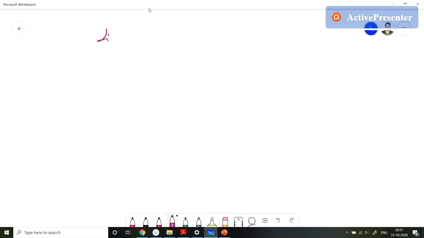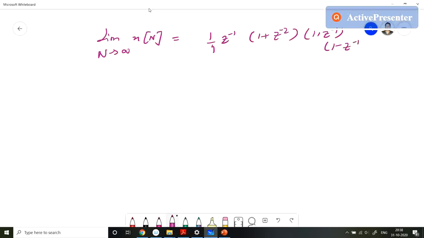If we solve this, we can find the final value. The solution is 1 by 4 z raised to the power minus 1, then 1 plus z raised to the power minus 2, 1 plus z raised to the power minus 1, 1 minus z raised to the power minus 1, divided by 1 minus z raised to the power minus 1.